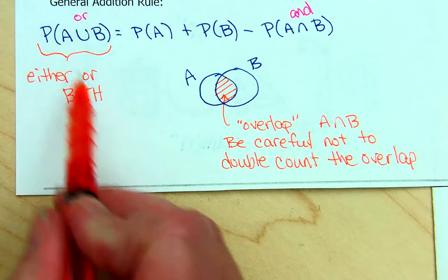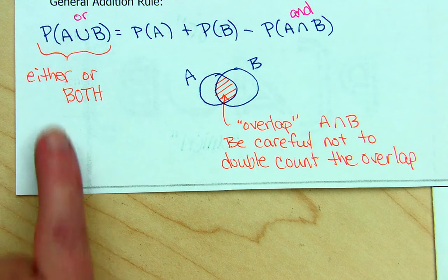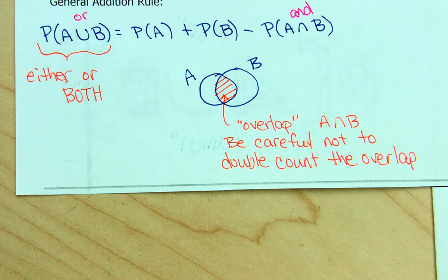So the both is always included in the or unless it's otherwise specified. Sometimes they will say, what's the probability of A or B occurring but not both? So sometimes they exclude that part, but usually they don't. So that's implied that it's either one or both.